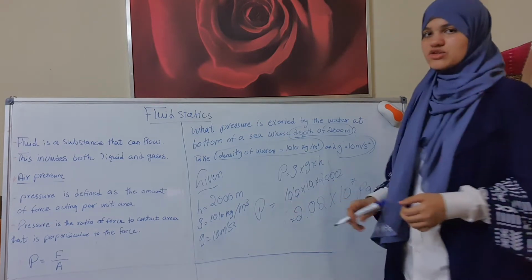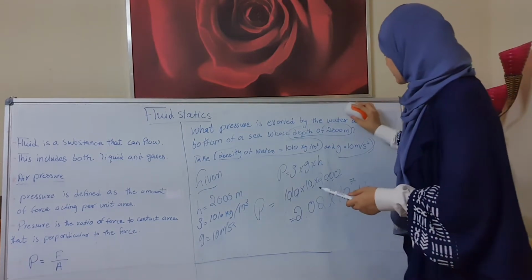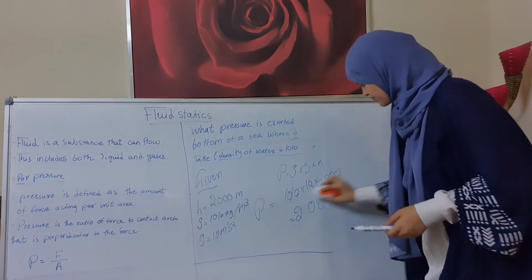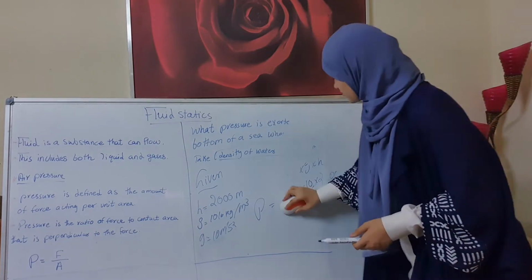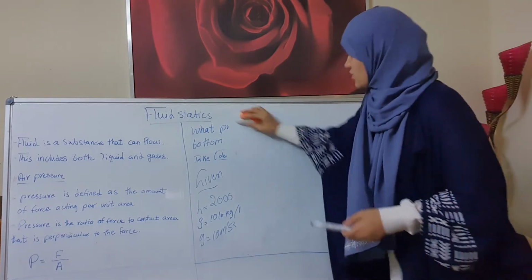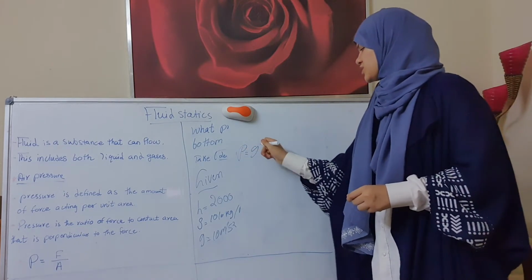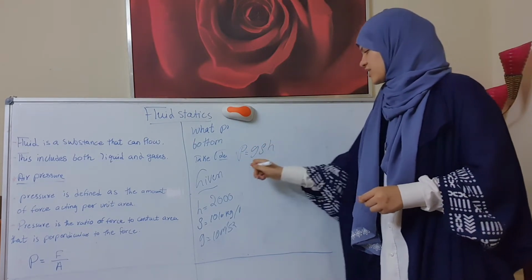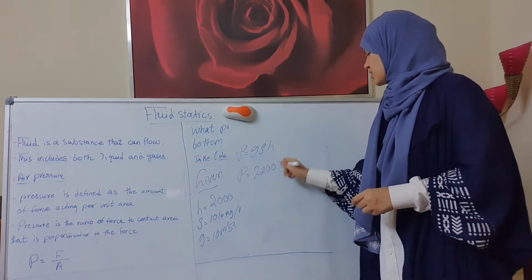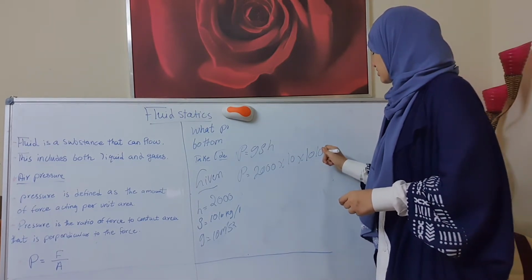You can check it also by calculator if you multiply all of them, or we can also do it right now. P is equal to density times g times h, so 2000 times 10 times 1010.